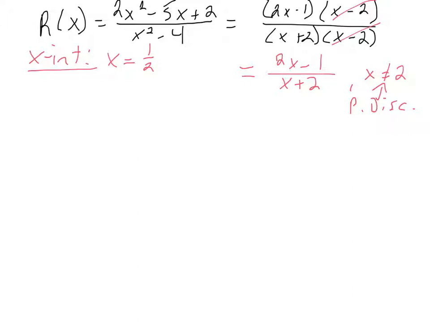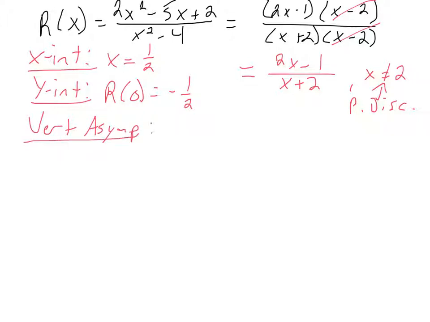And we have a y-intercept. R of 0 is going to give us negative 1/2, because looking at this version here, if I plug in 0, those terms all go away, and we're left with 2 over 4, which is just the same as negative 1/2. Vertical asymptotes: we have one at x equals negative 2, with multiplicity one, so it's just going to look like this.